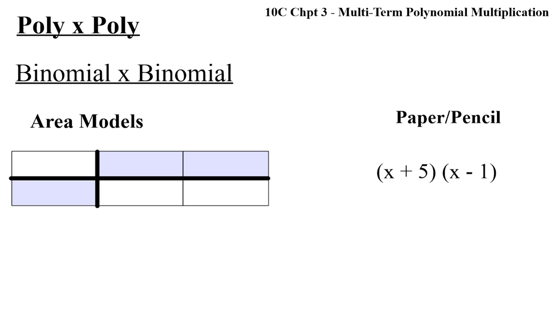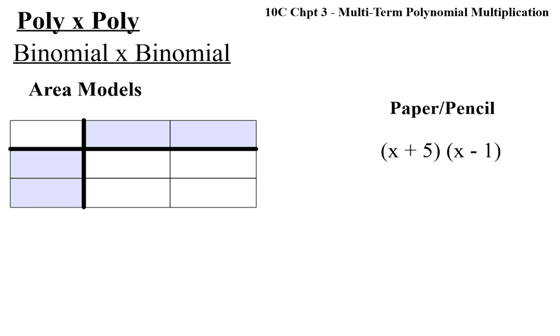Now, instead of distributing a monomial times a polynomial, we have a two-term binomial times a two-term binomial. This is a little different. Haven't seen this before. Let's take a look at the area model. However, this area model doesn't work because I have x and a positive 5.